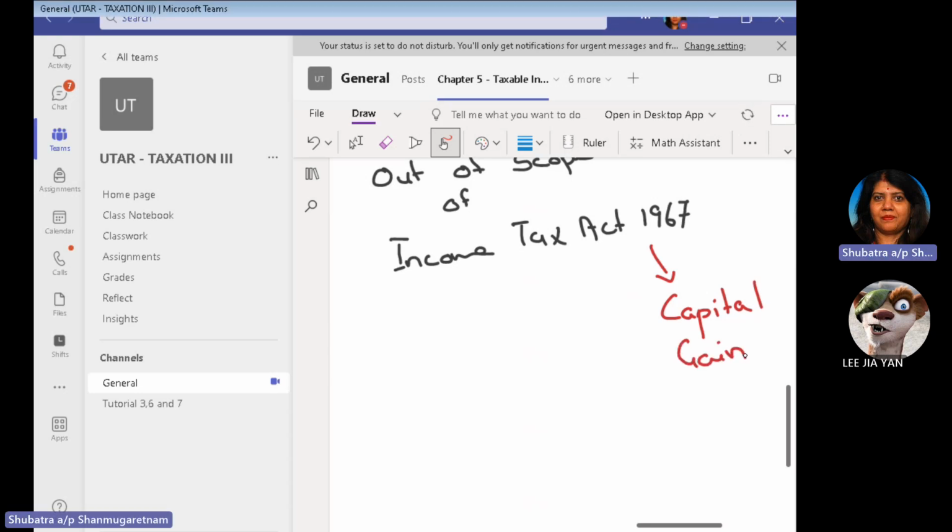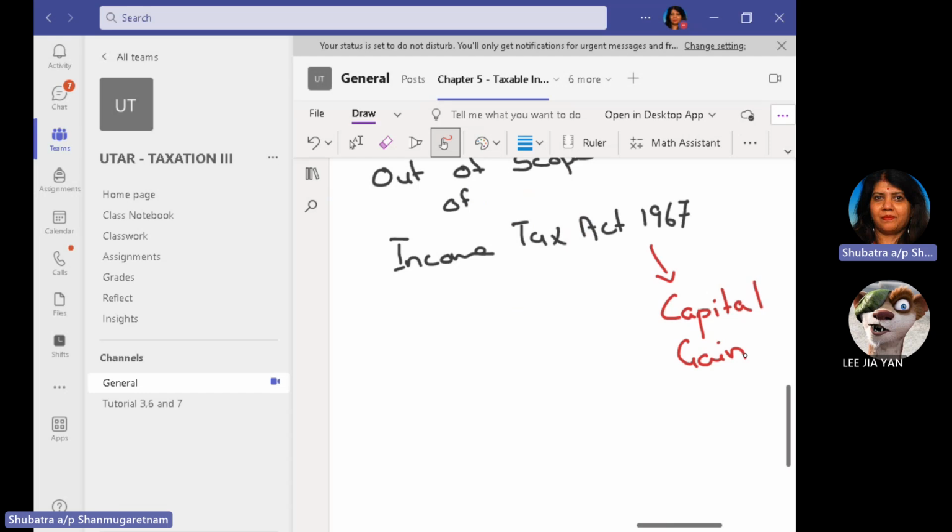Anything that is capital gain, as at today, this very point of time when I'm talking to you, capital gains are not taxable in Malaysia, except for property, but that's under RPGT. It's not under your income tax.